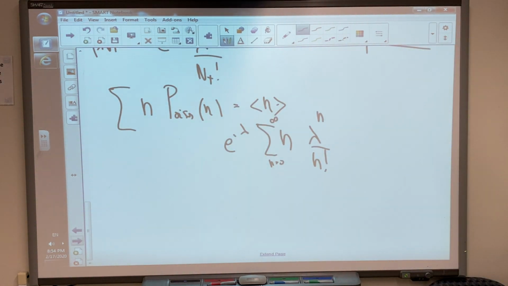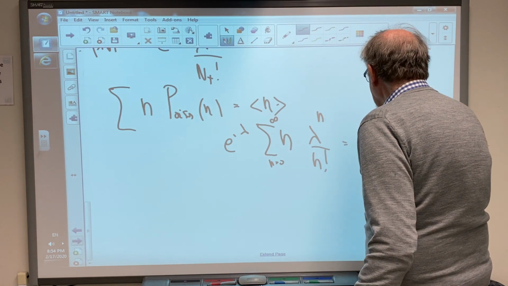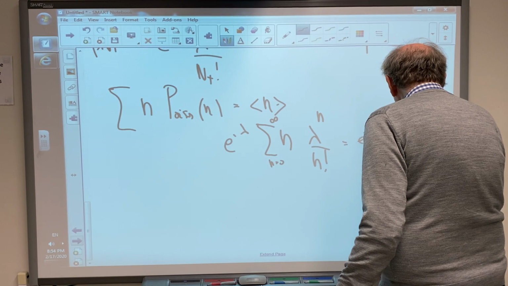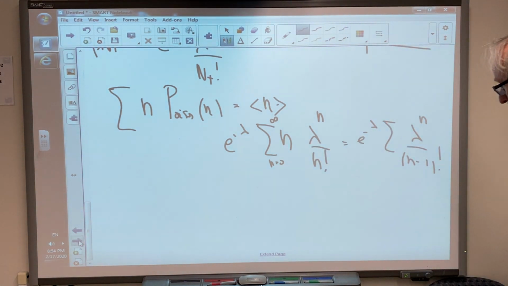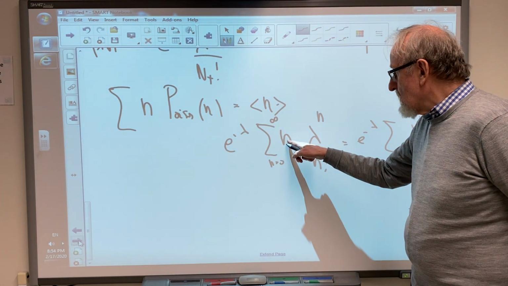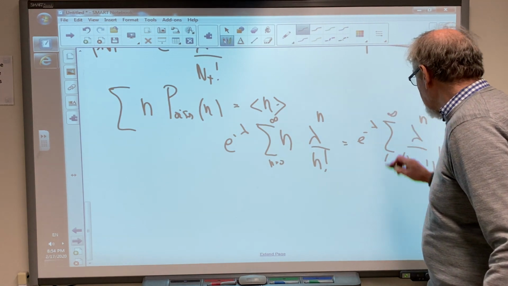So we have to take care of that, and that is the same as saying e to the minus lambda times the sum of lambda to the n over n minus 1 factorial. Okay, because I have n factorial, but I have an n. And this sum doesn't start from 0 anymore, because when n is 0, this term doesn't come, so this goes from 1 to infinity.